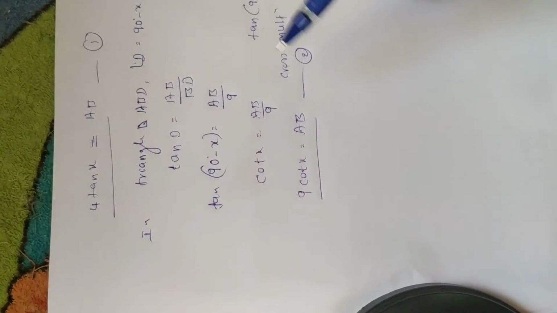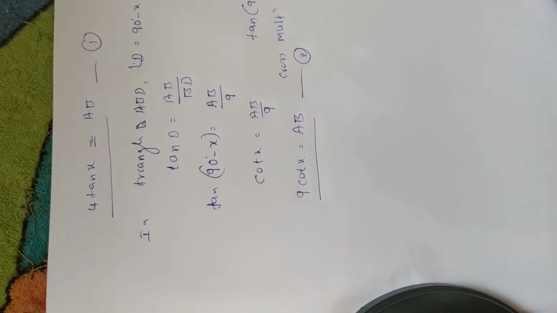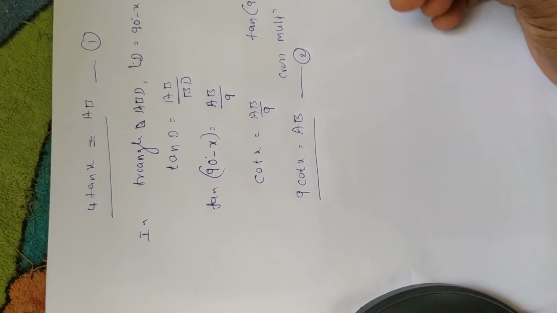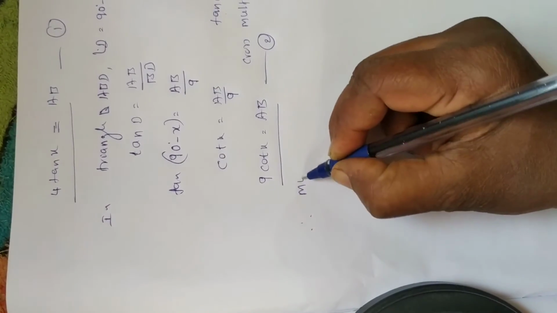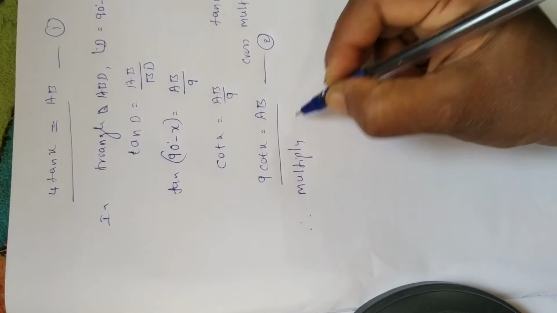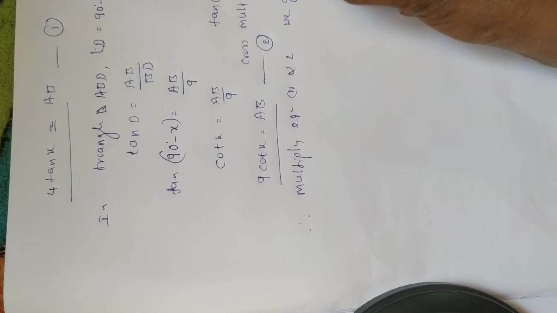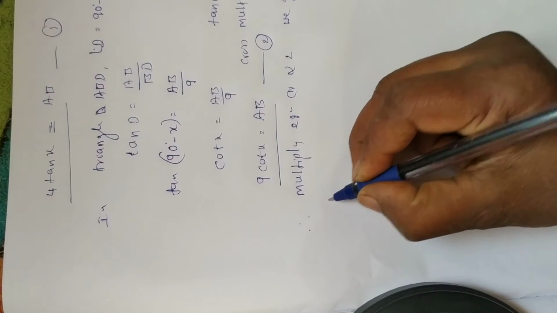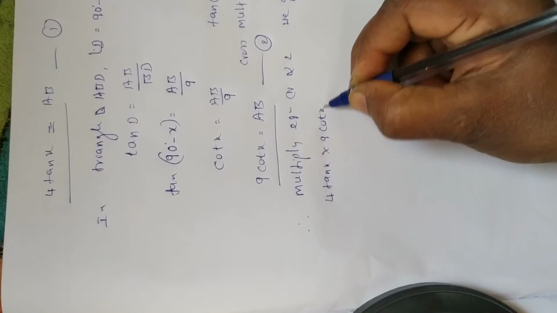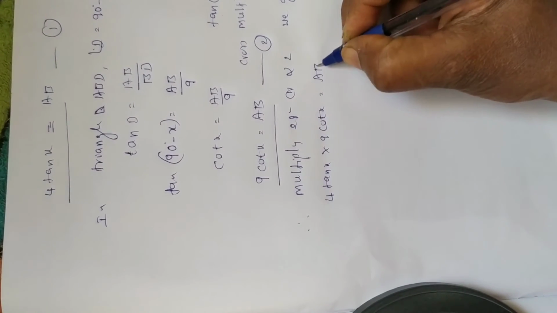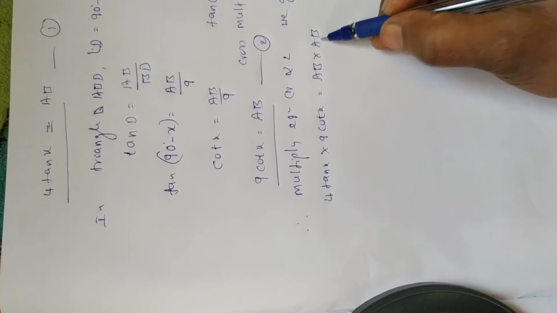Since tan x and cot x are complementary as well as reciprocal to each other, I will multiply equation 1 and 2. We get 4 tan x into 9 cot x is equal to AB into AB, LHS product and RHS product.